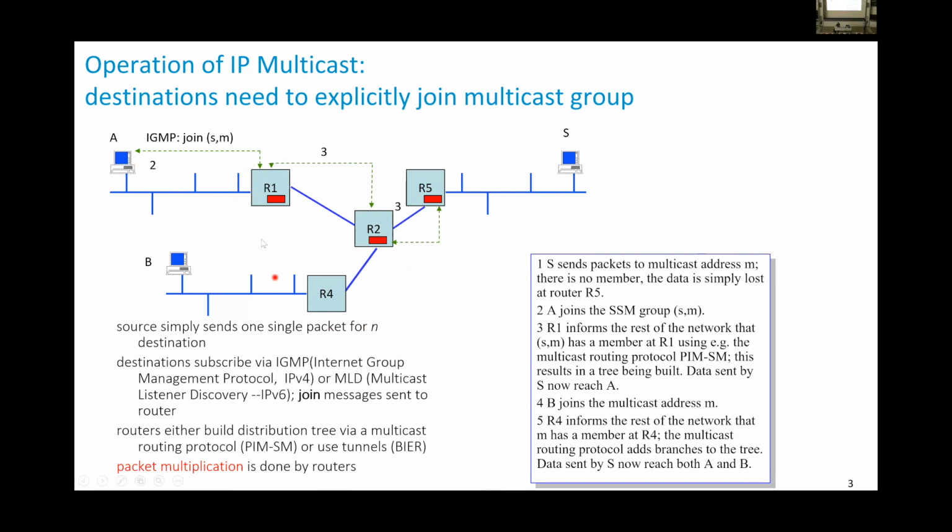Then there is a magic that will happen in the network, which is called multicast routing, that we will discuss next week, that causes all the routers to create a tree. So this red information is saying to router R1 there is somebody on the left port that is subscribing to M. And then R1 must talk to R2 using a routing protocol, a protocol between routers, one that we see only if we do Wireshark, otherwise it's never visible to end users.